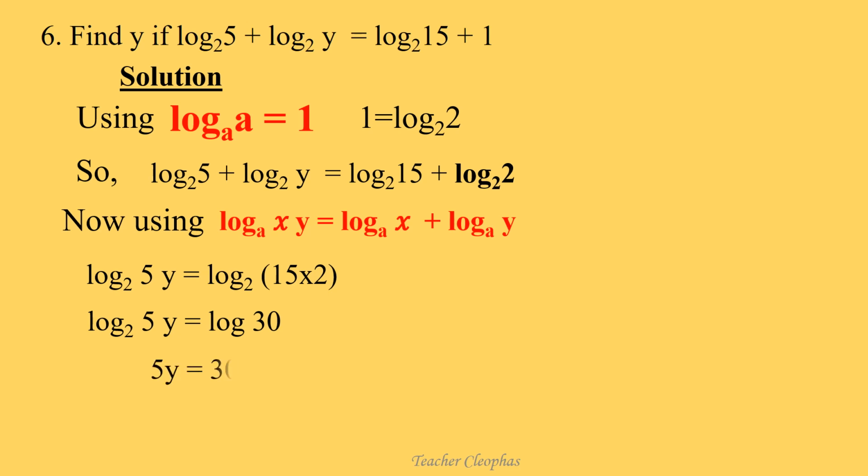So 5y equals 30. That means we have to drop the logarithms because they are the same on both sides. So we write 5y equals 30. Then for us to get the value of y, we divide both sides by 5, and so y equals 6. That is the answer we have been looking for.